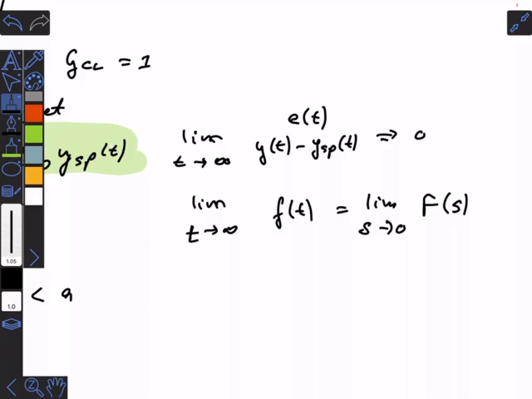You substitute s equals 0 into the transfer function. Why does that work?